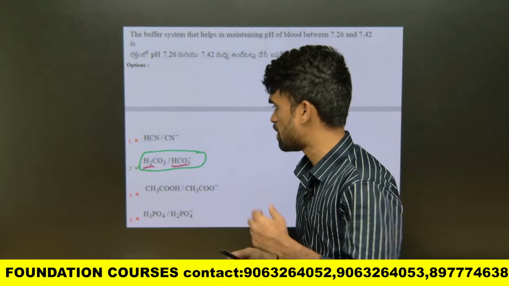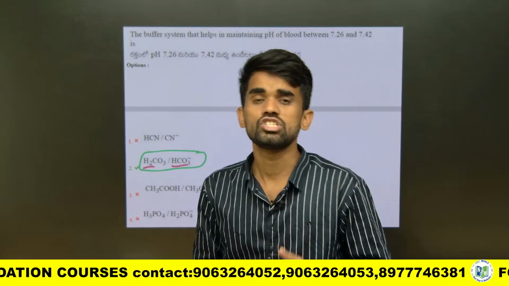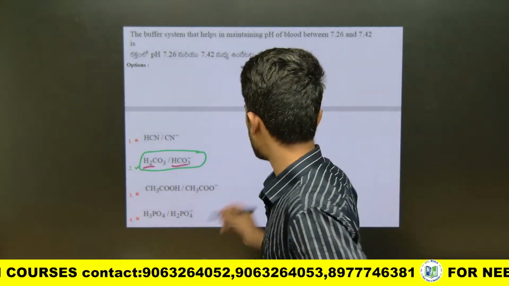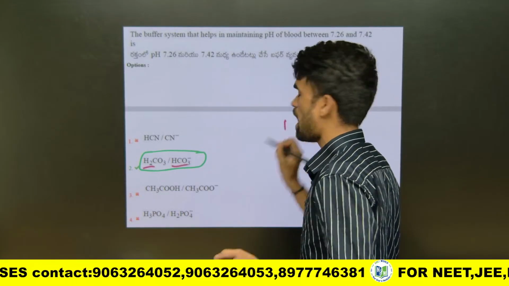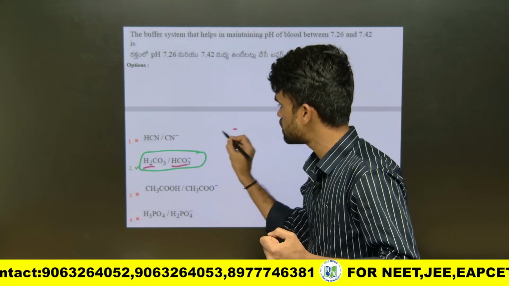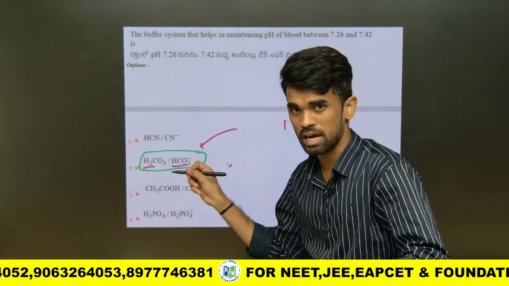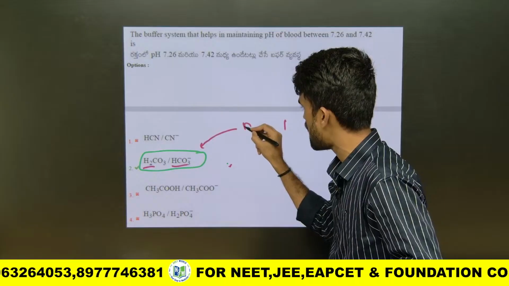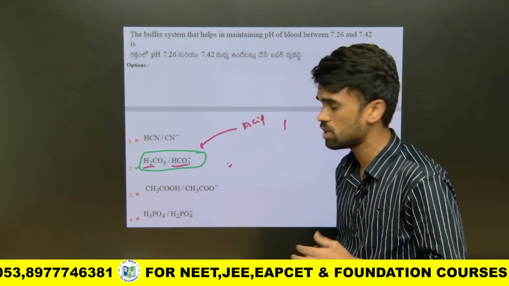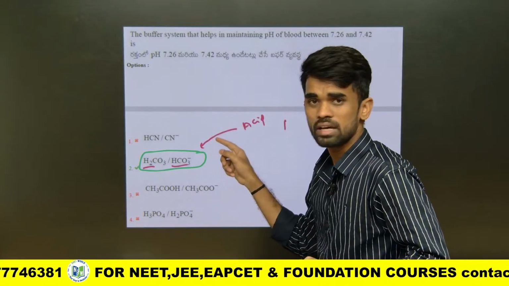What is meant by a buffer solution? It resists the change in pH. Whenever we add a small amount of acid or base, this mixture, which is already present in our body, resists the pH change.